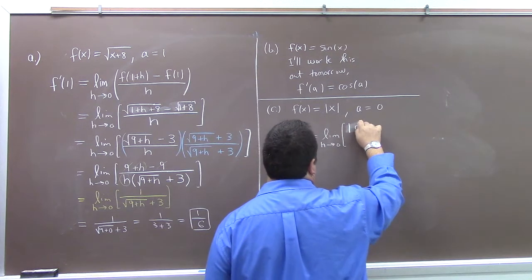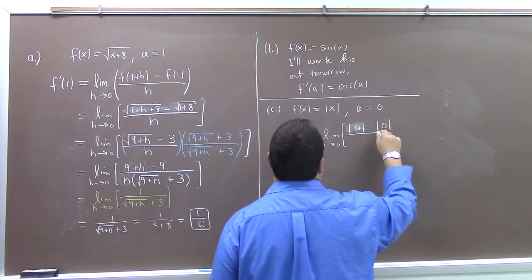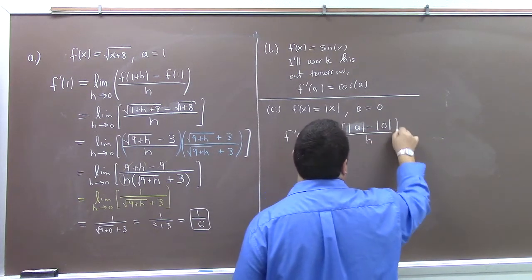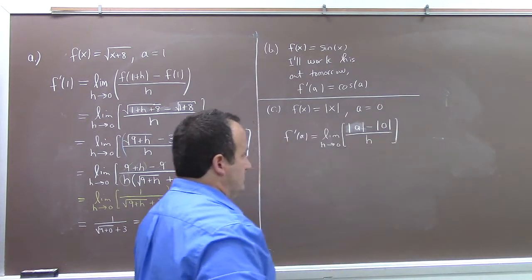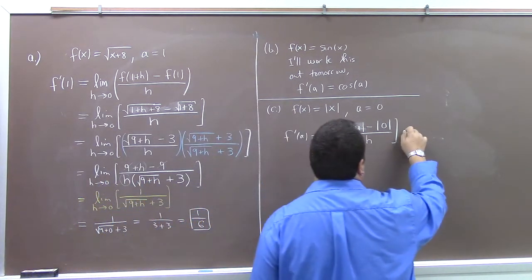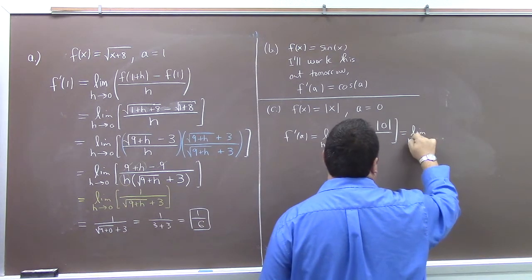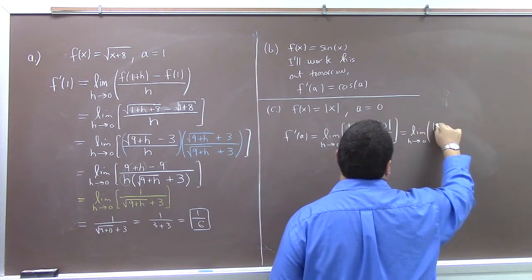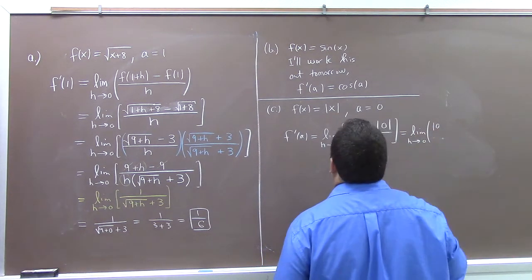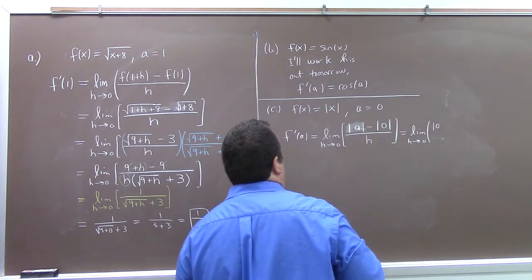Absolute value of a minus absolute value of 0 divided by h. Of course, that simplifies to just the limit as h goes to 0 of absolute value of, oh, good grief. I'm an idiot. I'm so sorry.